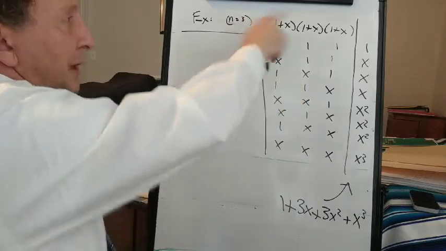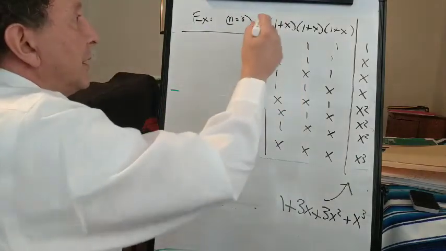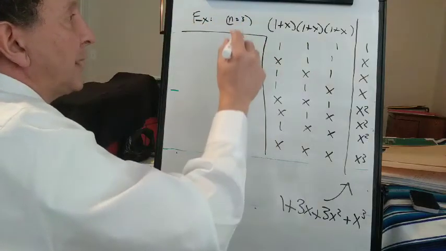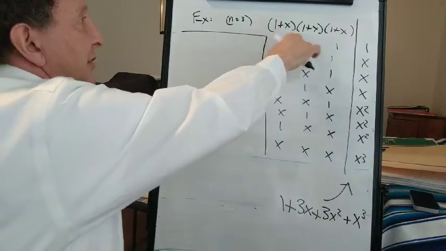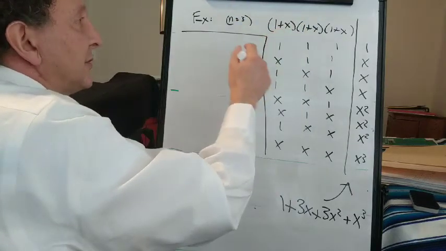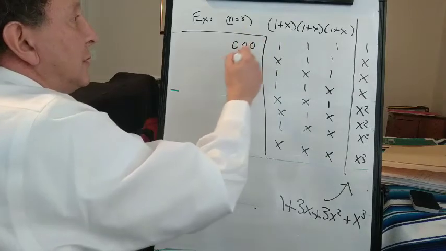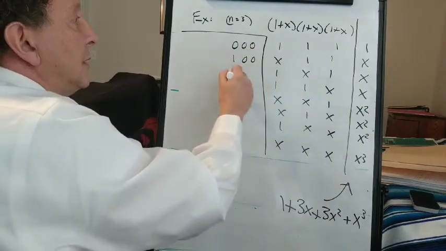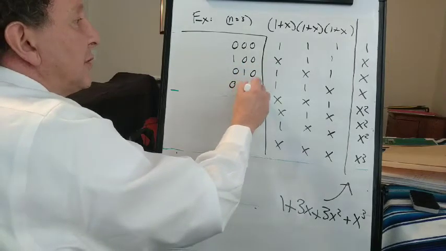Now these monomials we get by multiplying out (1 + x)^3 correspond to binary words. If we think of the 1s as x to the 0th, and then write the binary word, we get 000, 100, 010, 001.